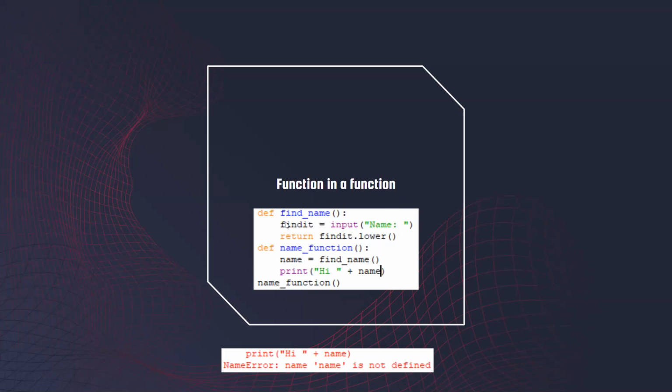The variable over here you won't be able to use inside of the second function, because this variable find it only exists in the function in which you defined it. It won't just move to the next function. So we'll talk a bit more about global variables and local variables later, but just remember that you can't carry over variables.